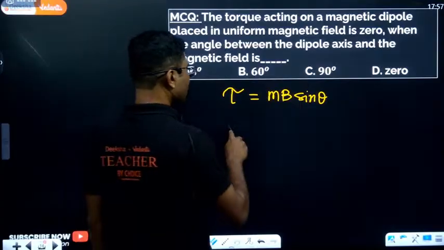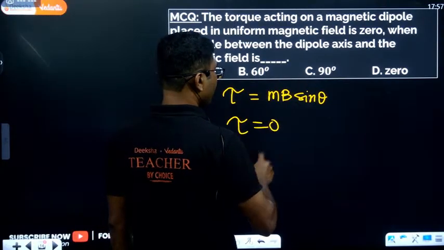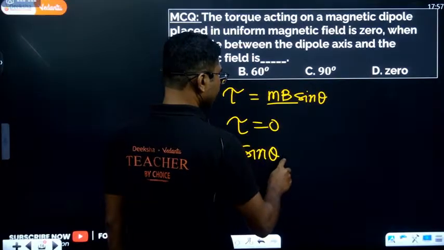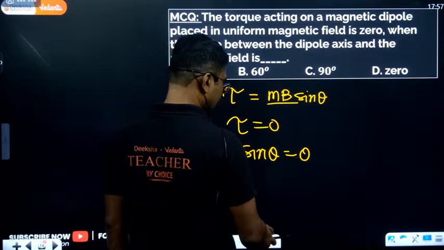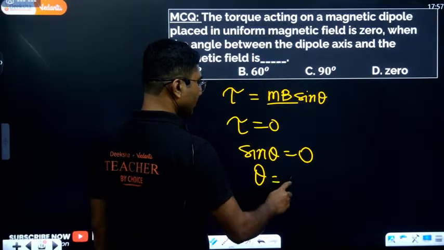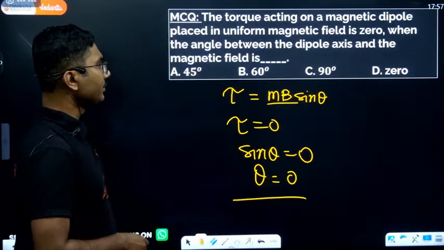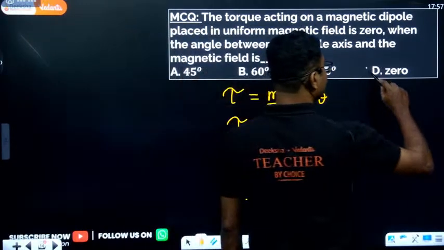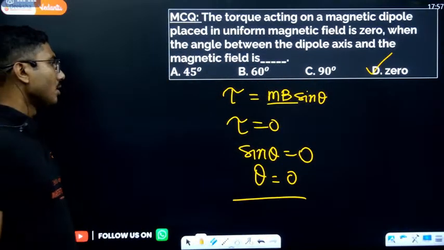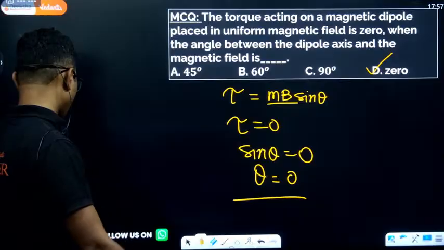So if the torque is 0, and m and B are not 0, then the only other option is sine theta equals 0. When sine theta is 0, theta equals 0. So the angle between the dipole axis and the magnetic field is 0. Easy question, easy answer.